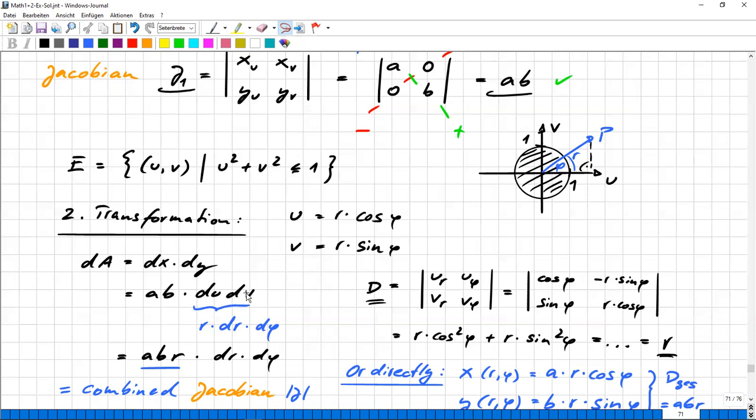And it turns out that here we need another correction factor of radius r to replace this by radius r times dr times dphi. Well, the reason for this correction is actually that while the variable r is a pure distance variable as usual, the other variable phi is not.